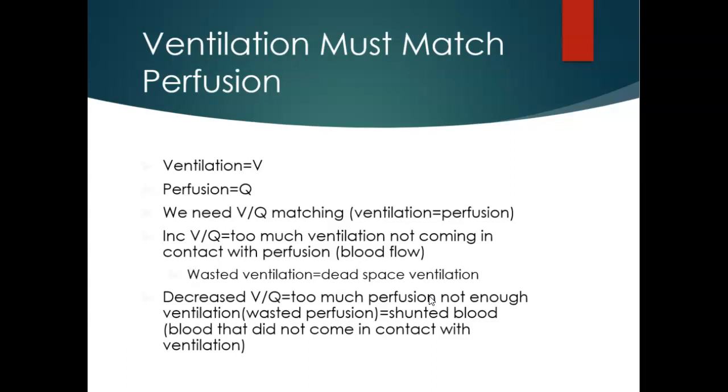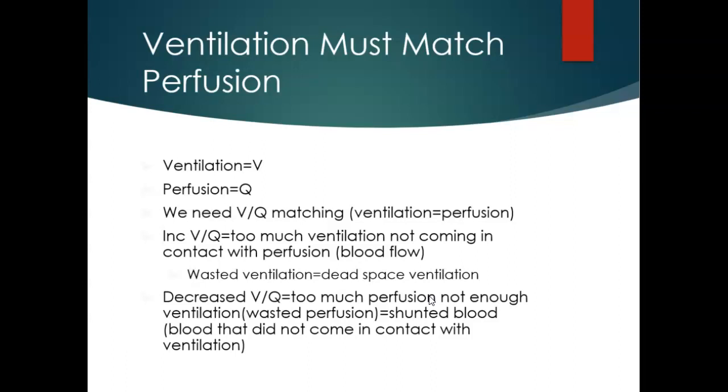So this is wasted ventilation or dead space ventilation. This can happen if there's a pulmonary embolism that is clotting off a certain area of the lung. Air is getting into that lung, but blood is not flowing to those alveolar spaces. And we have a VQ mismatch, or an increased VQ ratio, and we're perfusion limited.